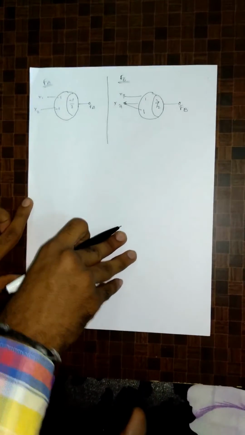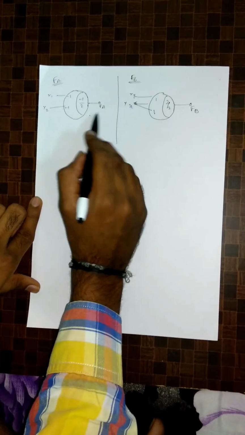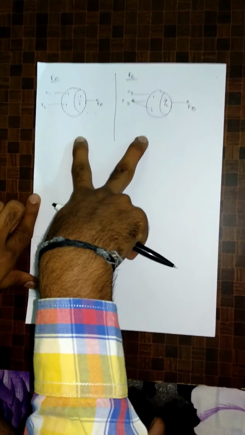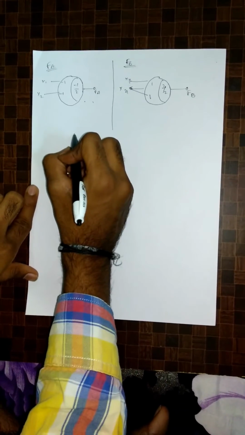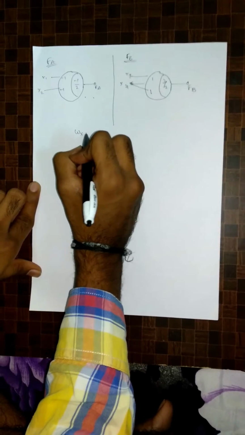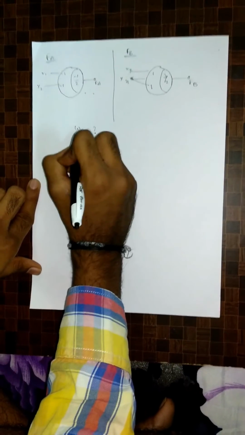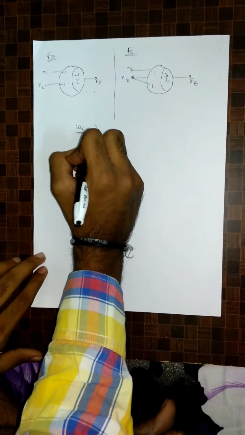Now we must cascade these two T gates in order to give the output. For cascading these two gates, we must obtain the value of Wx.